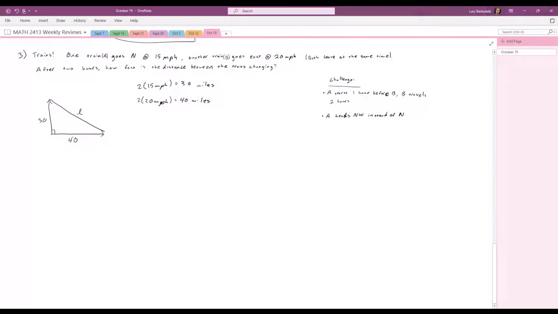And we also know that a relationship between where train A is and where train B is and the distance between them can be found using our Pythagorean theorem.